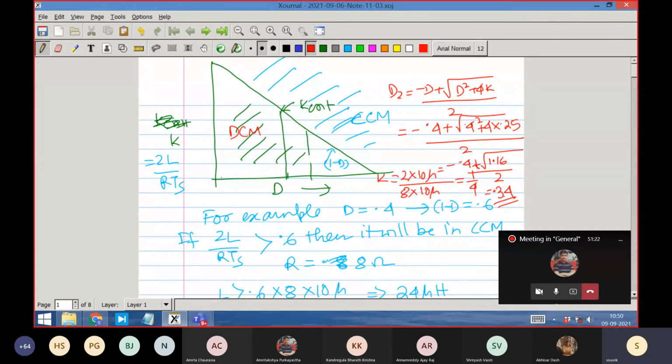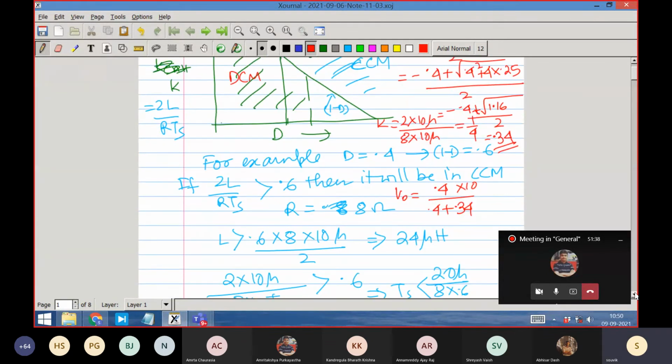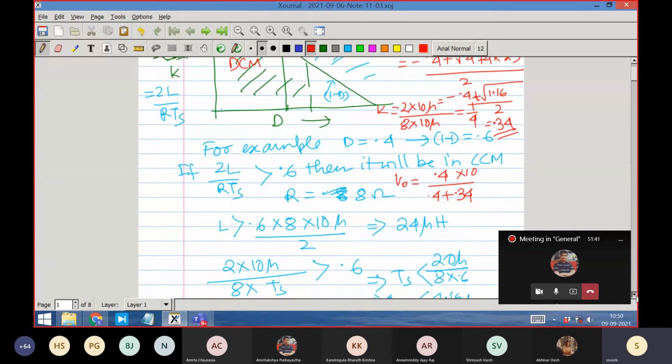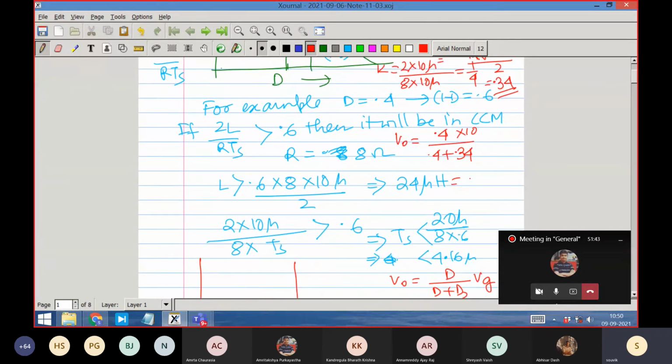So what will be the output voltage here? Output voltage V0 is equal to how much we said? D, 0.4, divided by D plus D2, 0.4 plus 0.34, into Vg. Vg is equal to 10. So in a discontinuous conduction mode, the output voltage increases compared to what it would have been for continuous conduction.